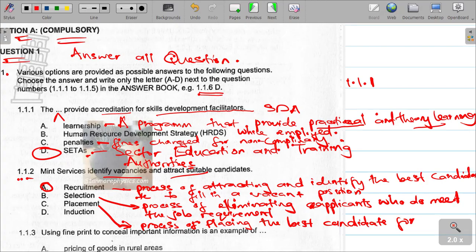Induction is a process of welcoming the chosen candidate to the organization.